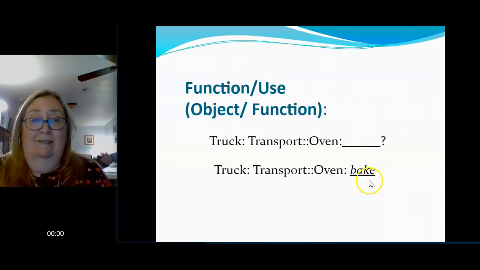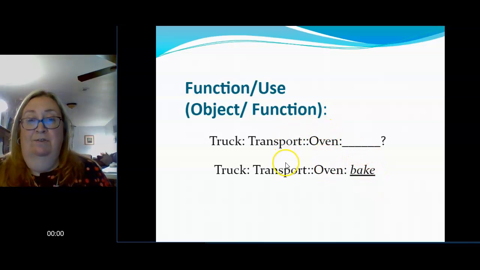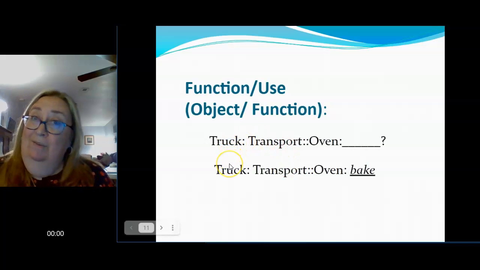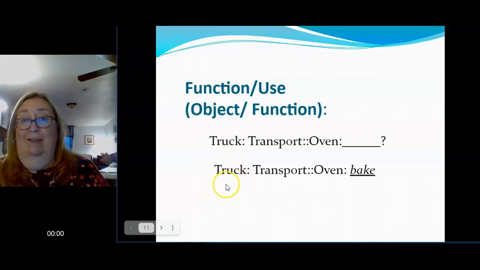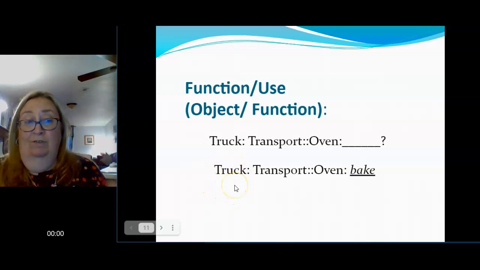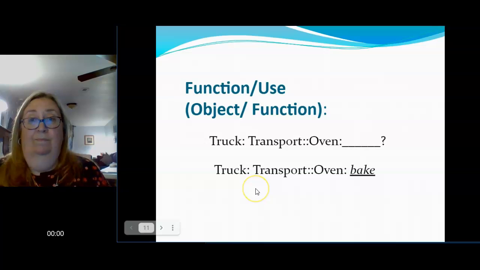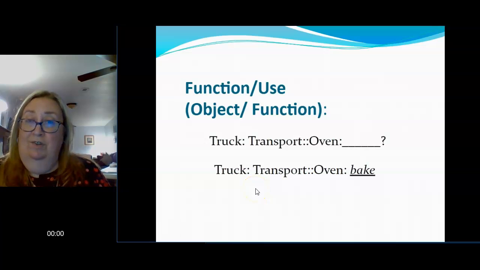And again, I could say, in order to bake, I need to use an oven. In order to transport, I need to use, well, that could be lots of things: a truck, a car, a plane, a train. So not all analogies have just one right answer. As long as it fulfills the relationship, then it's good.